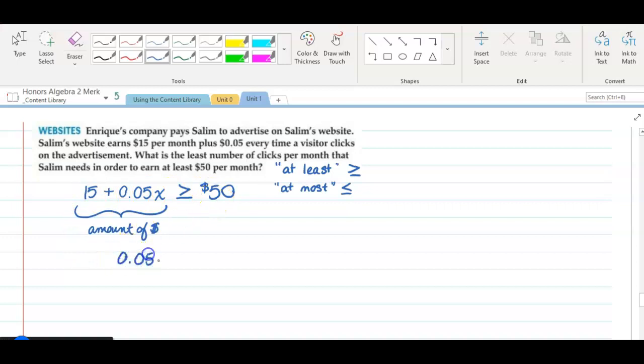And when I do that, I'm left with the nickel times x greater than or equal to 35. And then I'm going to divide by 0.5 on both sides. 700, I believe. So he needs at least 700 clicks to earn at least $50 per month.